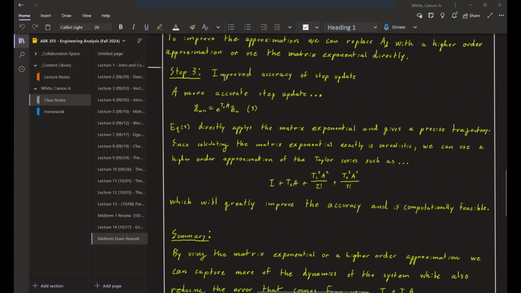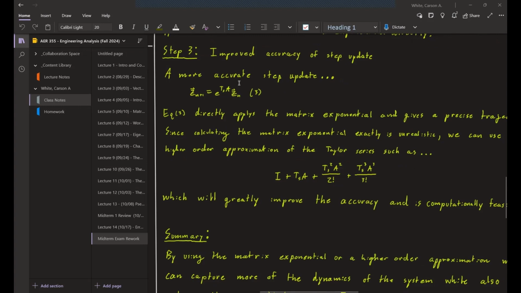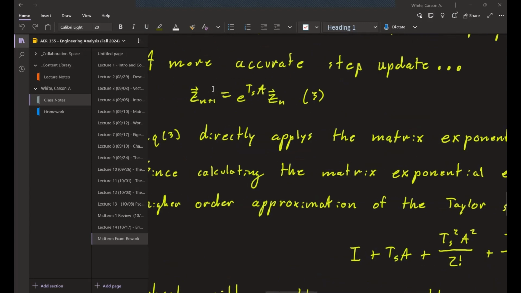Now in step 3, we're going to explain the improved accuracy. A more accurate step update would be equation 3 here, where z(n+1) is equal to e to the power of TSA times z(n).